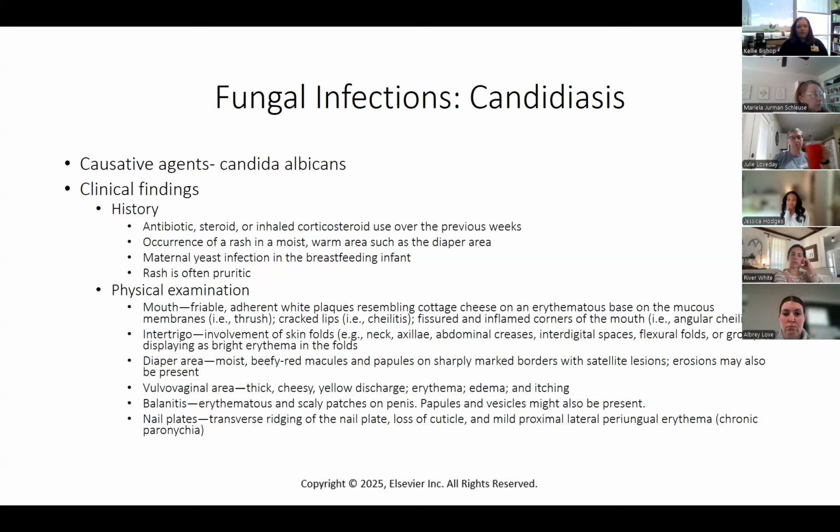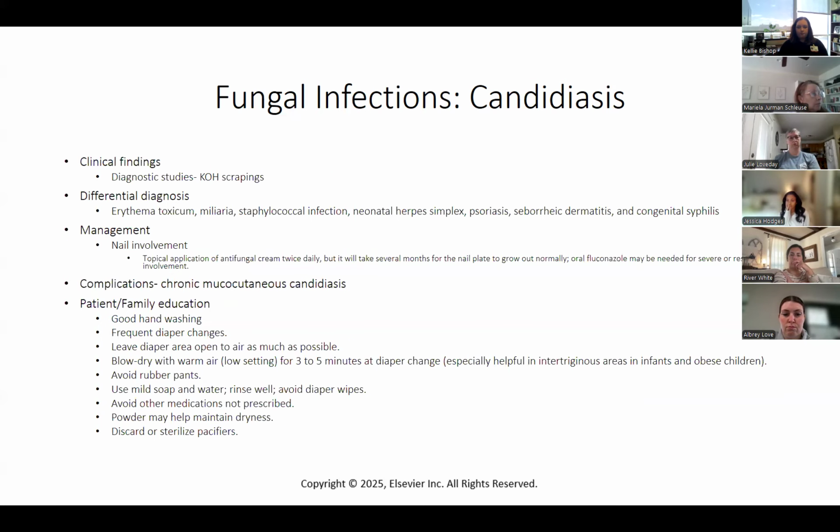Balanitis is on the penis itself, where they get erythema and scaly patches. They can also have papules and vesicles. On the nail plates, like we were talking about with paronychia, it'll cause transverse ridging of the nail plate. So if you see nails with transverse ridging or cuticle damage, it's probably fungal.